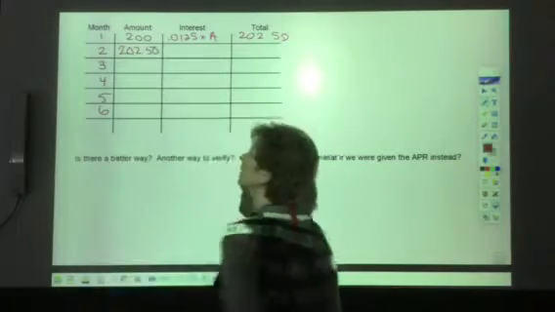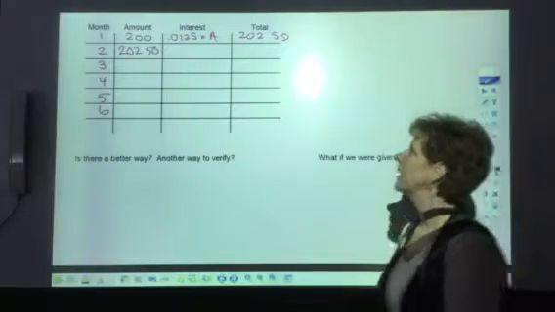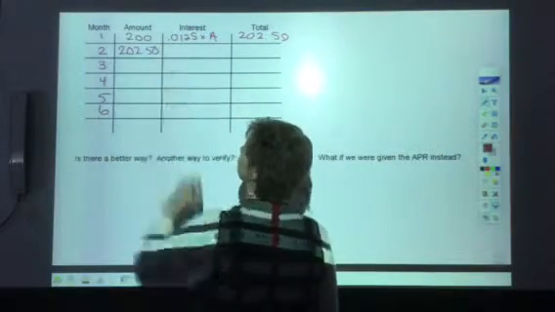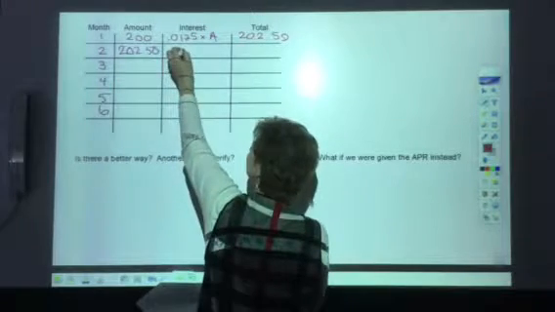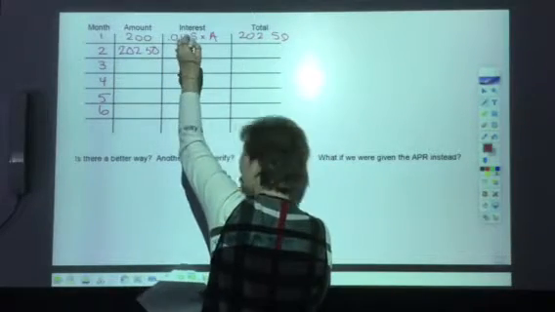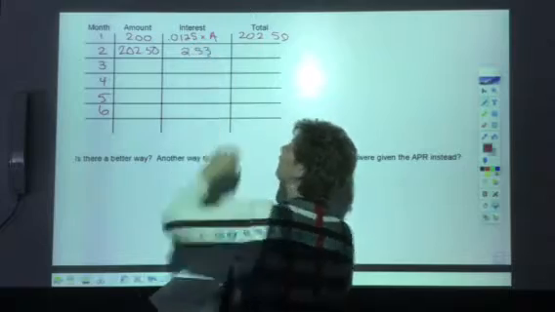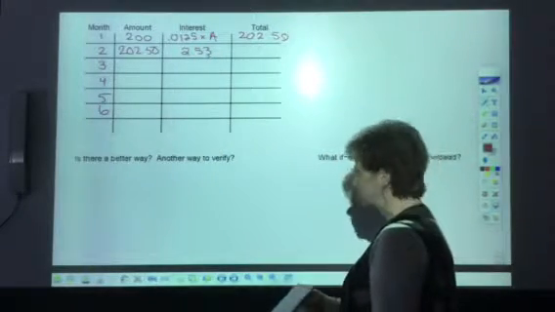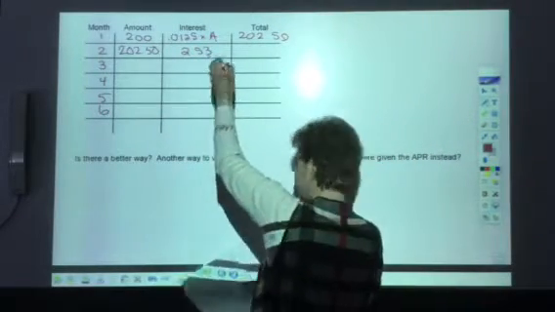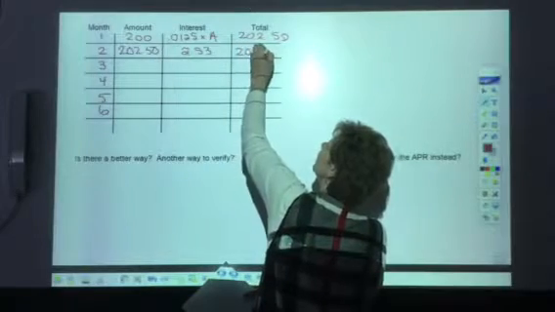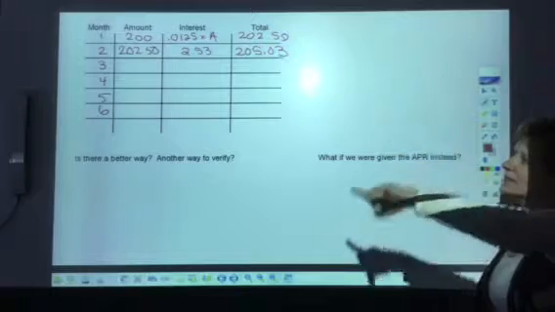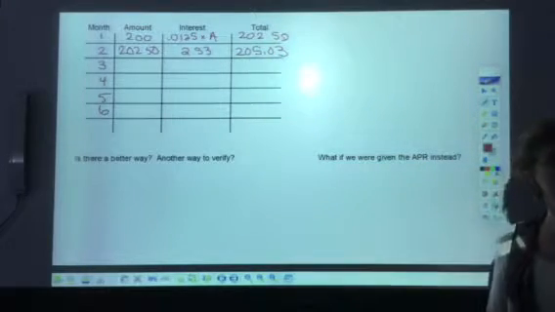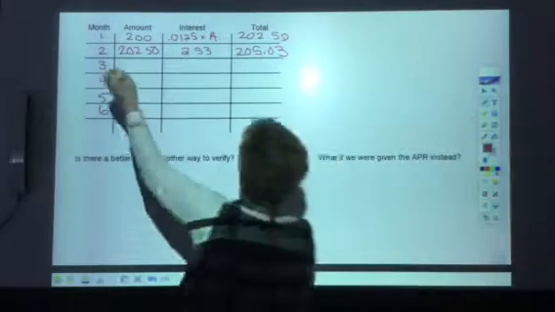there's our amount sitting in the charge account, and we calculate the interest again and multiply, and we get a total interest of $2.53. They add that into the account, and they get a grand total of $205.03. And the kids continue working through this table. I have them calculating.